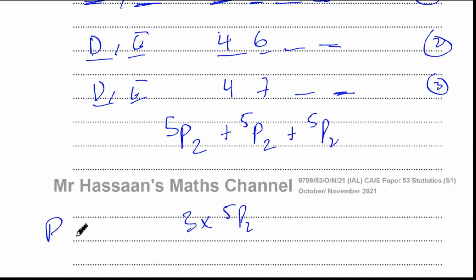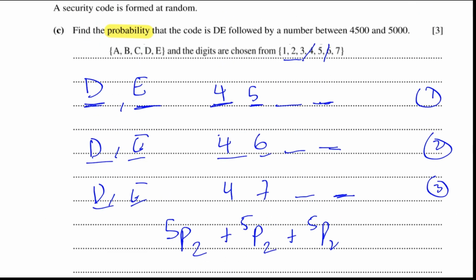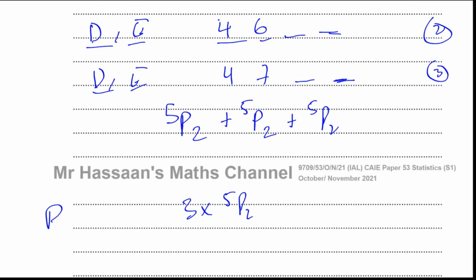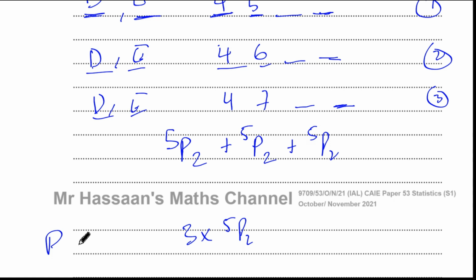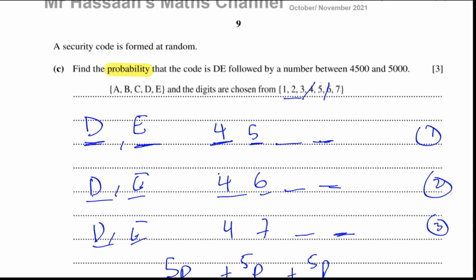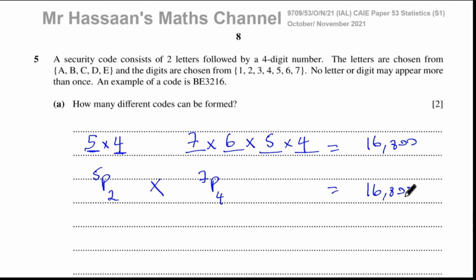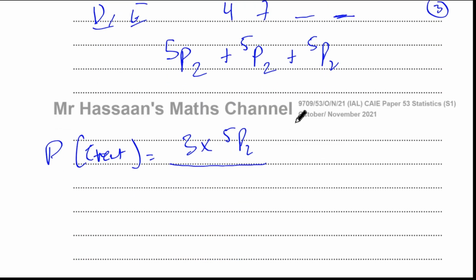So the probability of the event that they asked us to deal with is equal to the total number of successful outcomes over the total number of ways in total, which was 16,800. That's the total number of ways of arranging all of these.